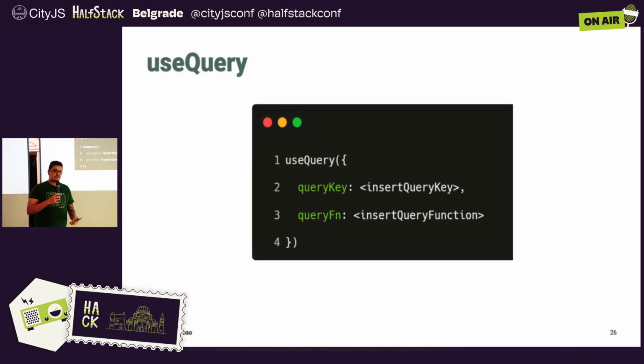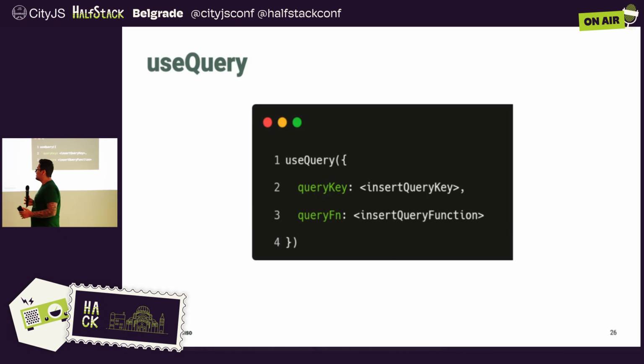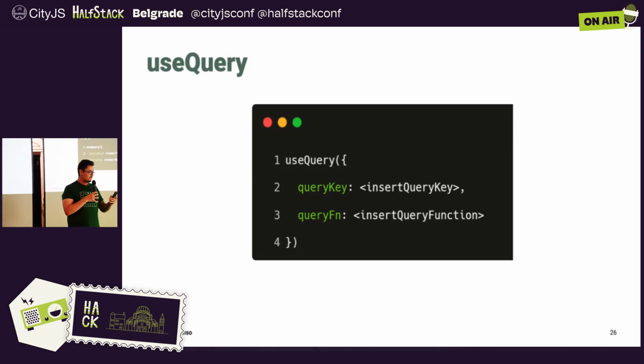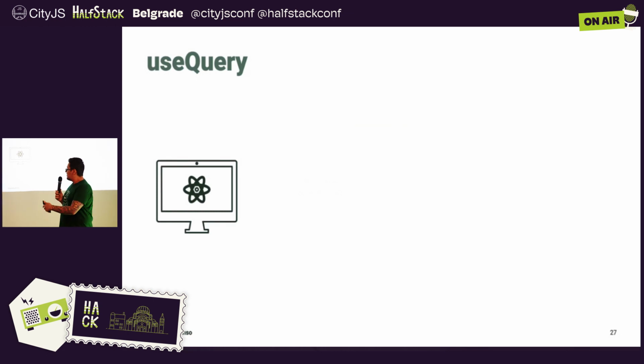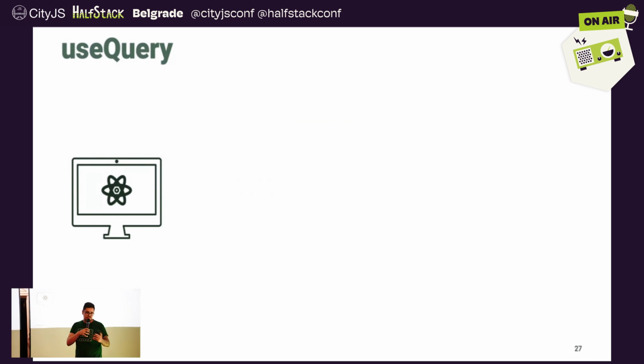So useQuery is responsible for fetching data, and there are only two things that you need to understand to deal with useQuery. The first one is the query key, and the second one is the query function. The query function is the function where you fetch that data. The query key is responsible for identifying that data. How does this work? Well, here we have our React component, and this component will be using our useQuery instance.